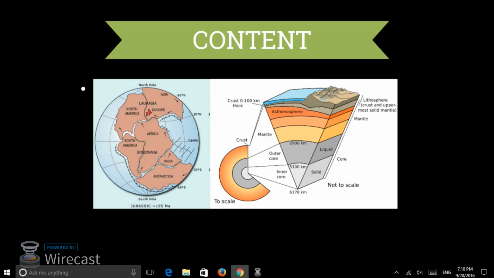The lithosphere includes the crust and uppermost solid mantle. Yeah, so it just includes the crust and the upper mantle. It's the pretty rigid outer layer. And then the asthenosphere, as depicted in this picture, is the upper layer of the Earth's mantle below the lithosphere, which is the crust and the uppermost solid mantle.